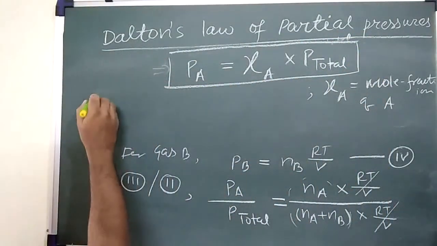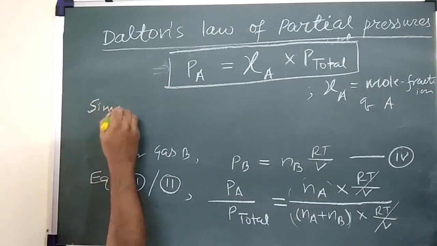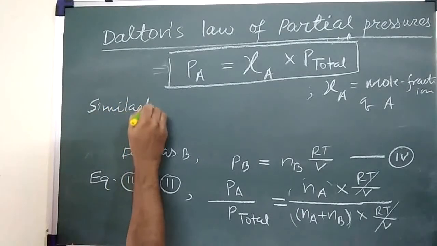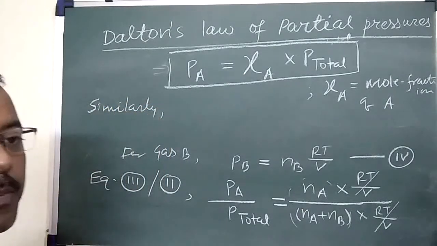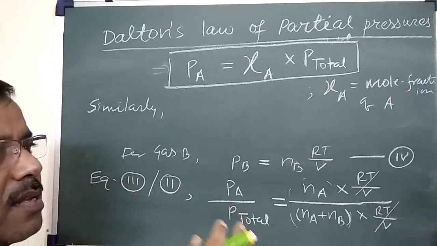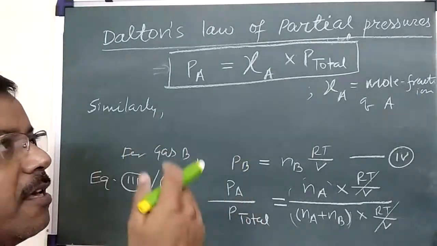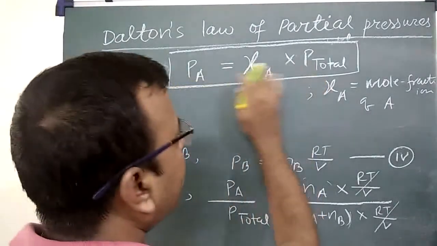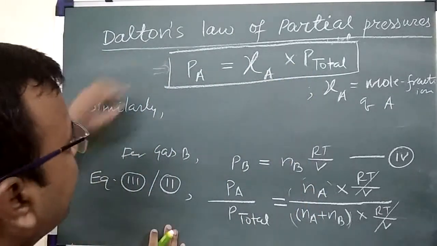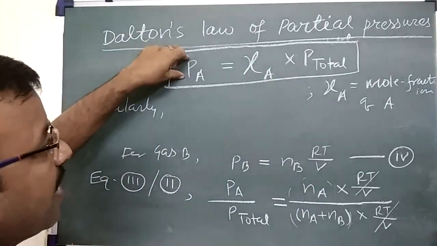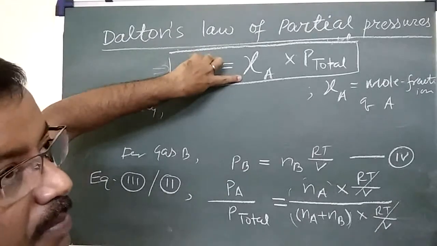Similarly, if different gases are there, A, B, C, D, E, this is the general relation. So we can get the partial pressure of any gas in terms of the mole fraction of that gas.